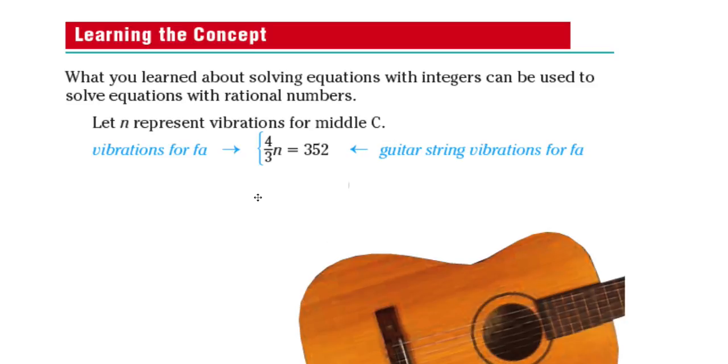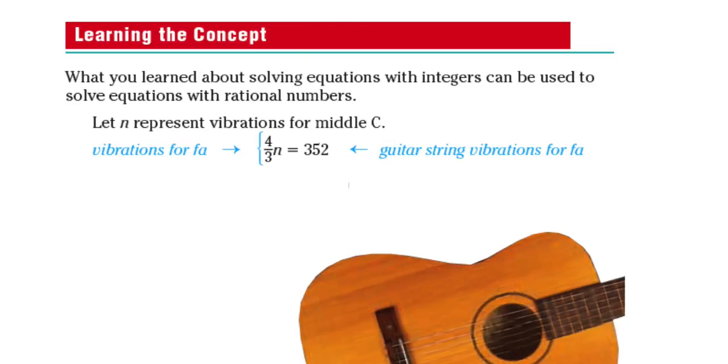Remember, in this type of equation, we need to isolate n. That means we need to undo 4/3. In order to undo 4/3, we need to multiply both sides by its reciprocal, or the multiplicative inverse of 4/3.